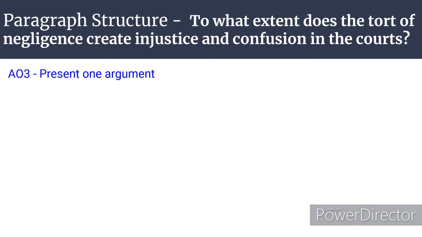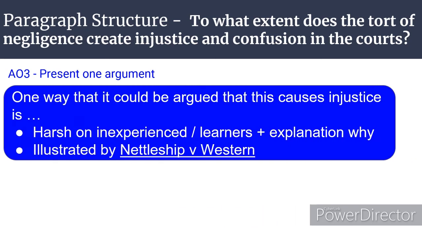So next you need to present your argument. So you're going to present one side, and you could present the side that supports it first, or the side that contradicts it. So the side that suggests it is just first, or the side that presents it's not just. So here, for instance, if we're going to argue that it does cause injustice, I might argue that it's very harsh on inexperienced people or people who are learning to do something.